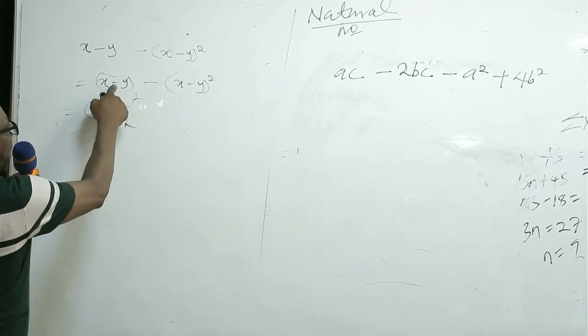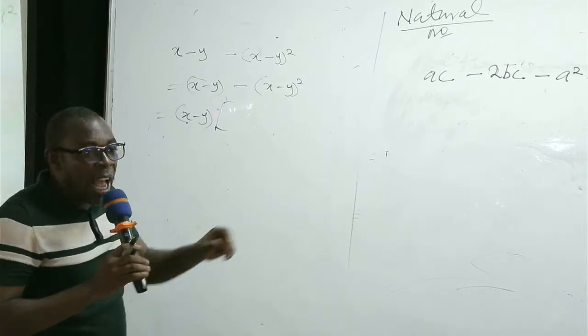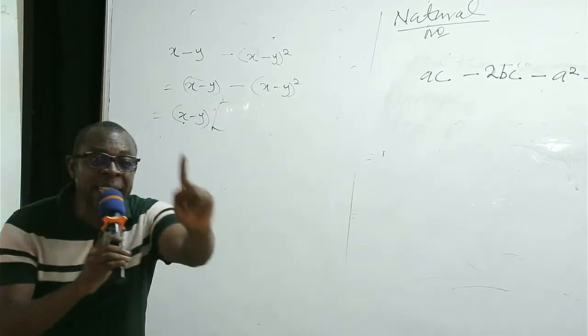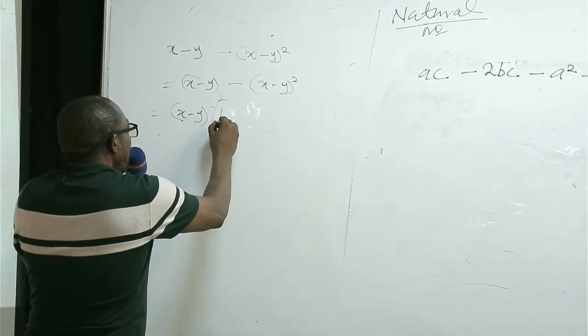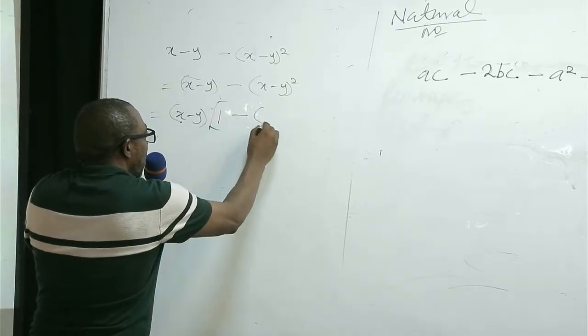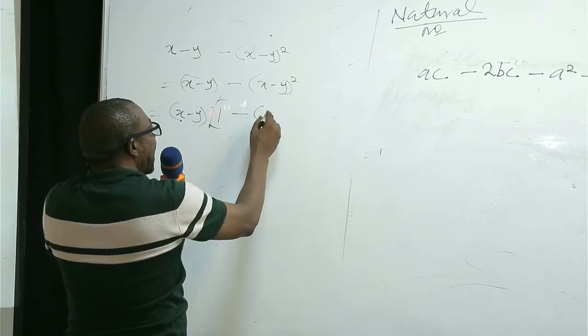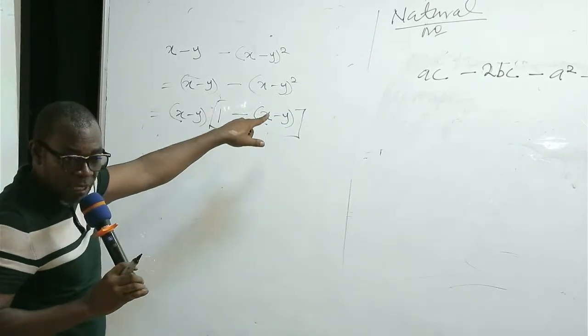If I remove it, what will be remaining here? Have I removed x minus y? What will be remaining there? 1 will be remaining. Minus. Then I have taken one of this one. What will be remaining here now? x minus y. Did you see that?